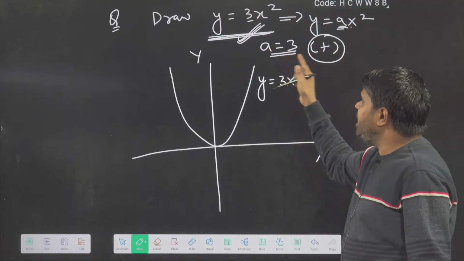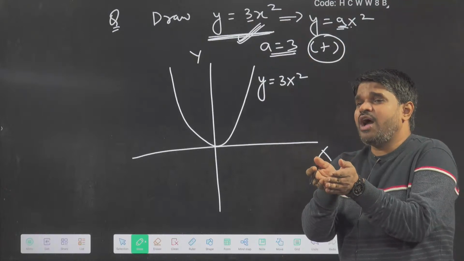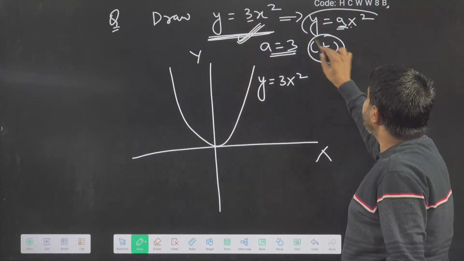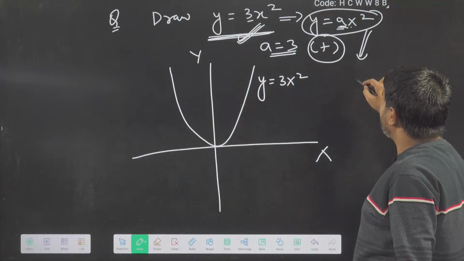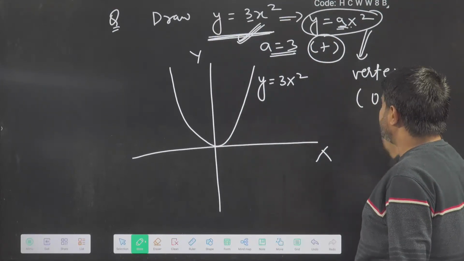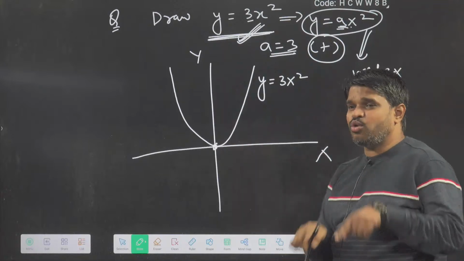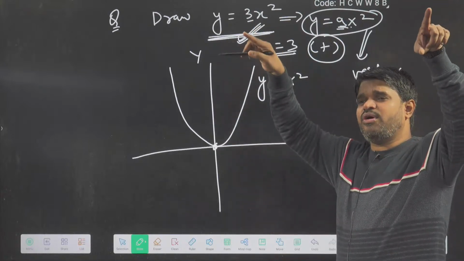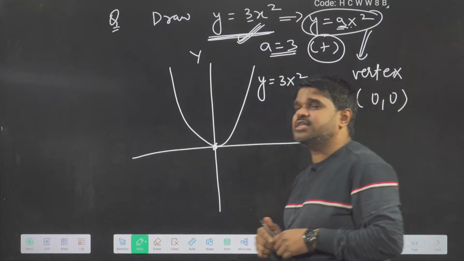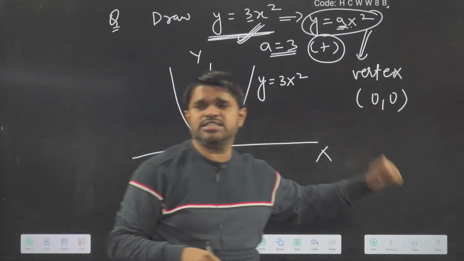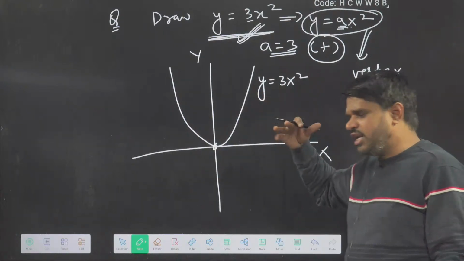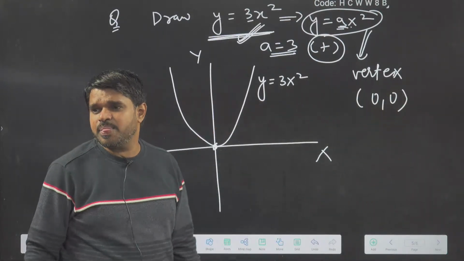So as a is positive, you will have an upward facing parabola, and the vertex or tip is at origin. Write this case, then we will move on to the next slide. That was the last question that I discussed, so we'll continue after that.